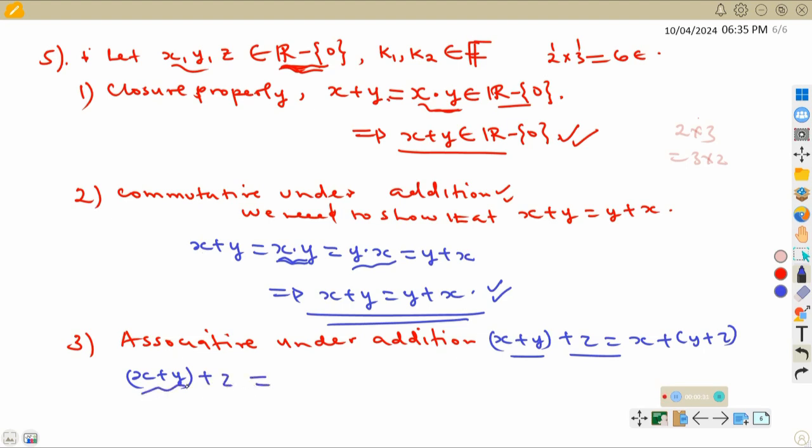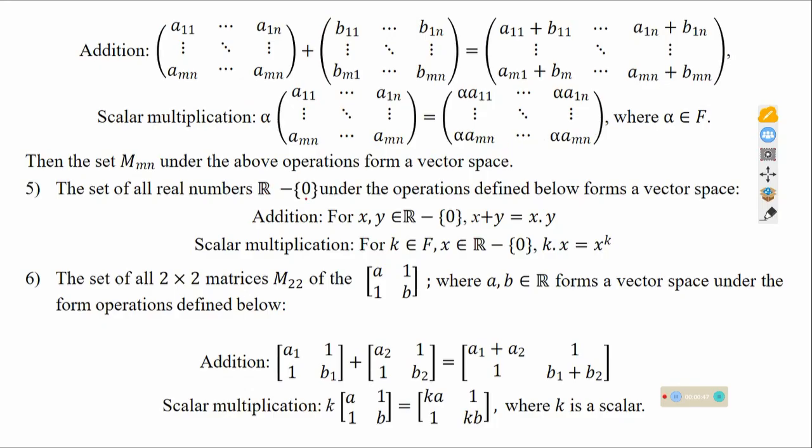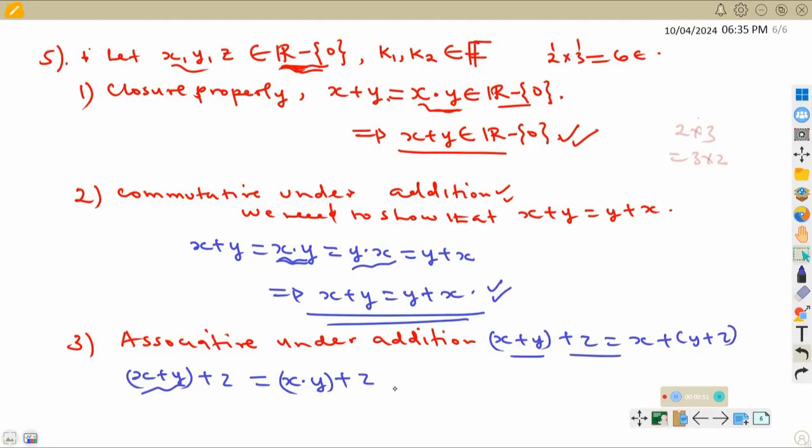By definition, what is x plus y? By definition, this is the same as x times y, and then we are adding z. So we shall have x times y, plus z.